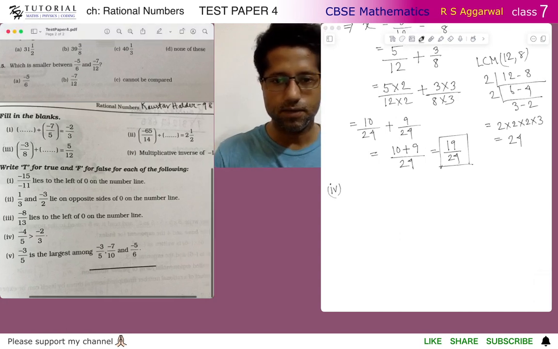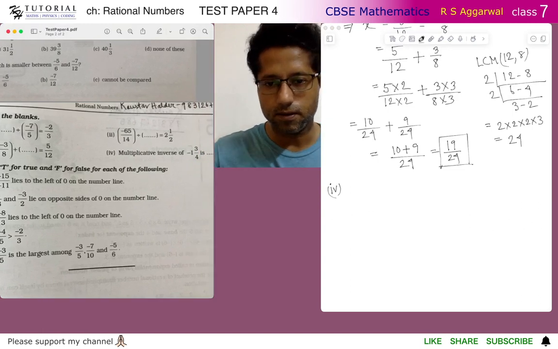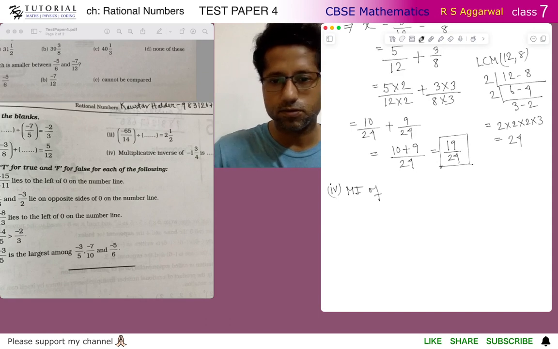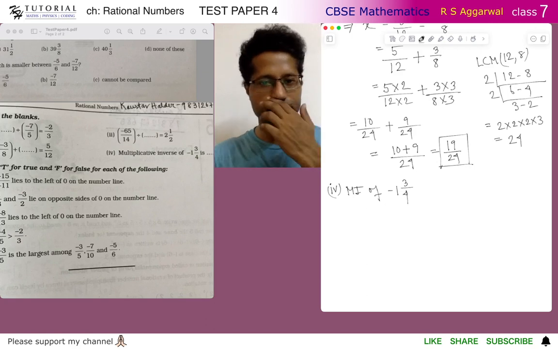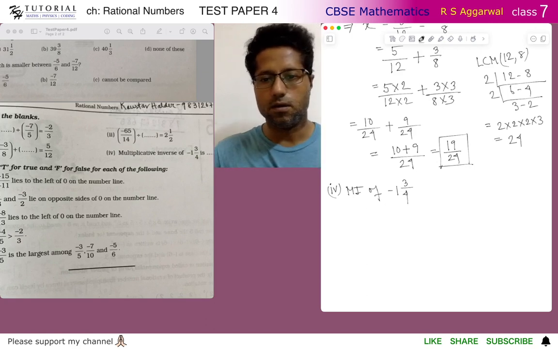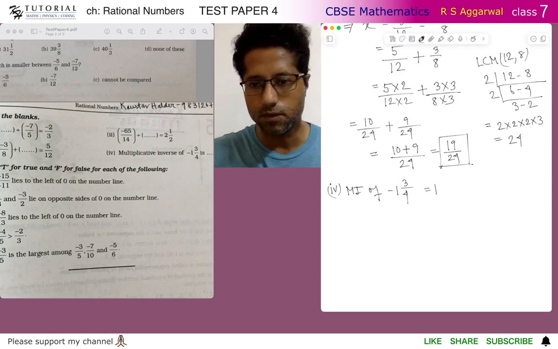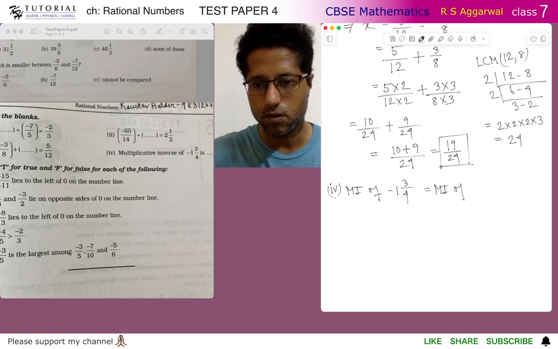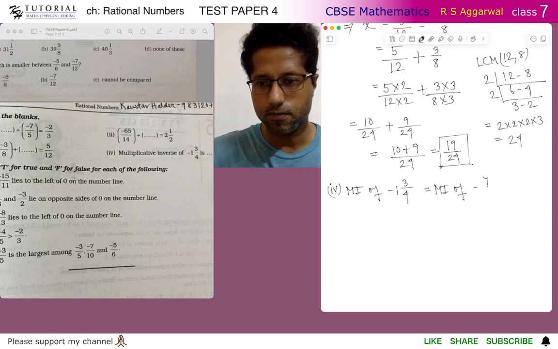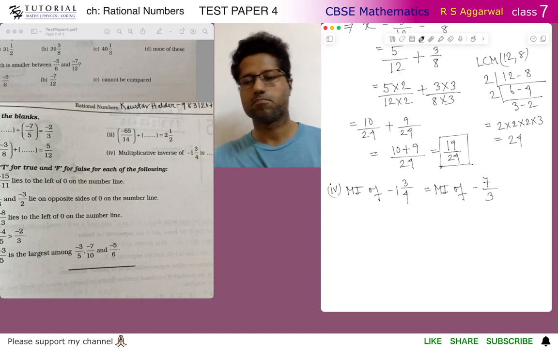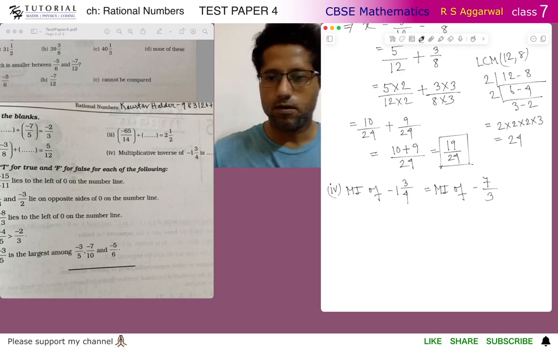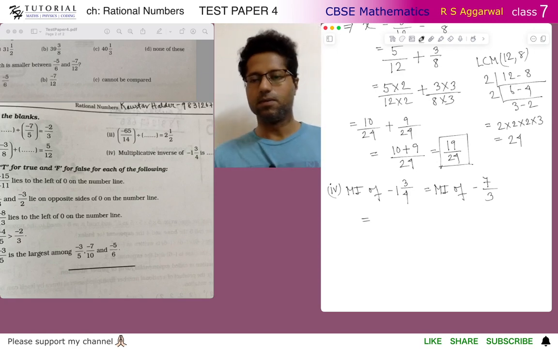So part 4 says multiplicative inverse of minus 1 3 by 4. In short, I am writing MI for multiplicative inverse. First let's convert it to an improper fraction, so it is equal to multiplicative inverse of minus 7 by 3. Okay, now the multiplicative inverse of a rational number in the form p by q is q by p.